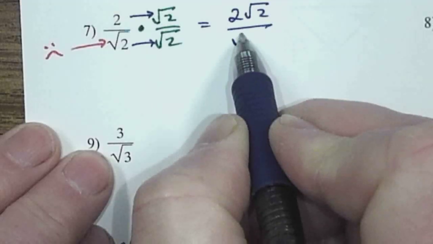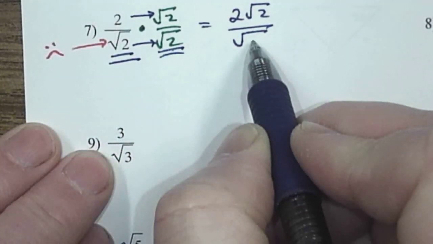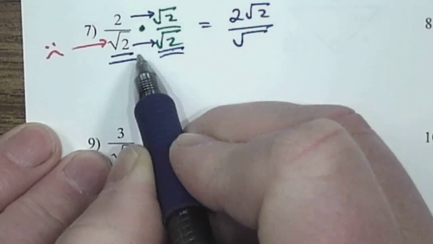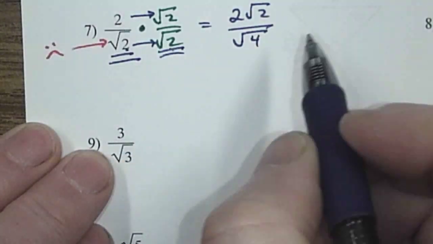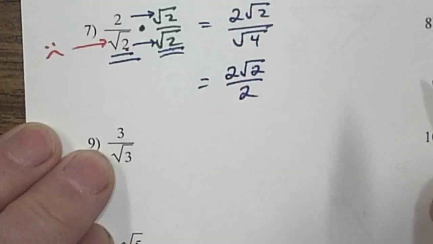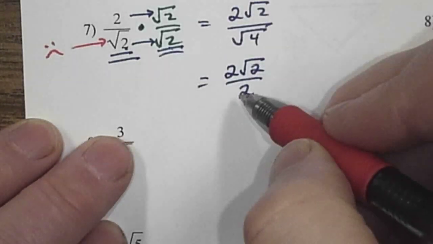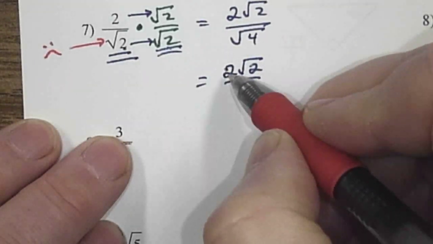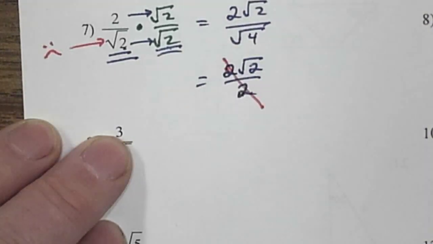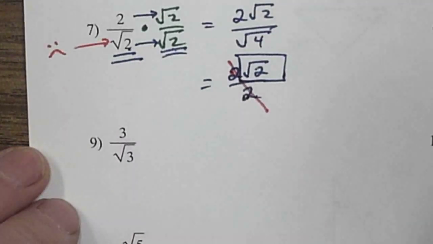Multiply straight across, you get this, well, wait a minute, same number. So it just should be 2. If you multiply the inside, you see that's the square root of 4. But the square root of 4 is just 2. So we could have gone straight to this. Then always look to see if these numbers can reduce, and they do, they cancel out. So we just get square root of 2 as the answer.